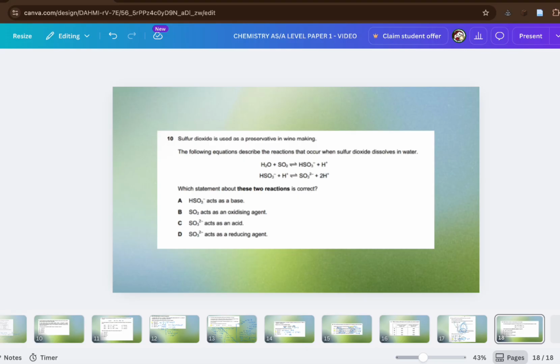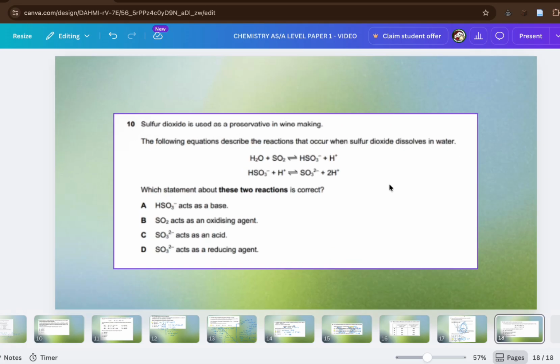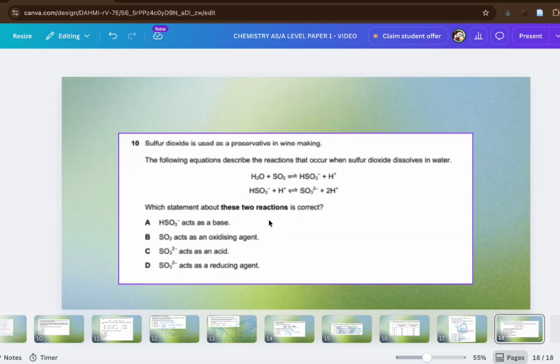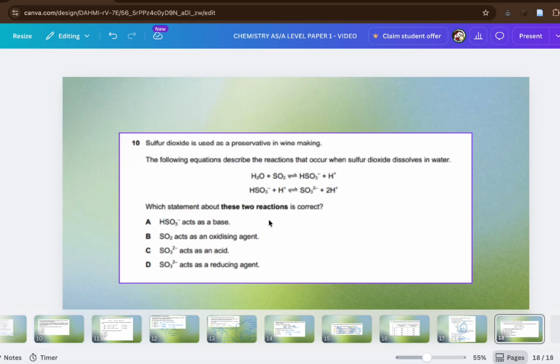First, HSO3 acts as a base. Let's see if it's correct here through the equation. We see that HSO3 is in the first equation, right? Alright. So let's start from the left. H2O plus SO2 will result in HSO3 and a hydrogen ion.